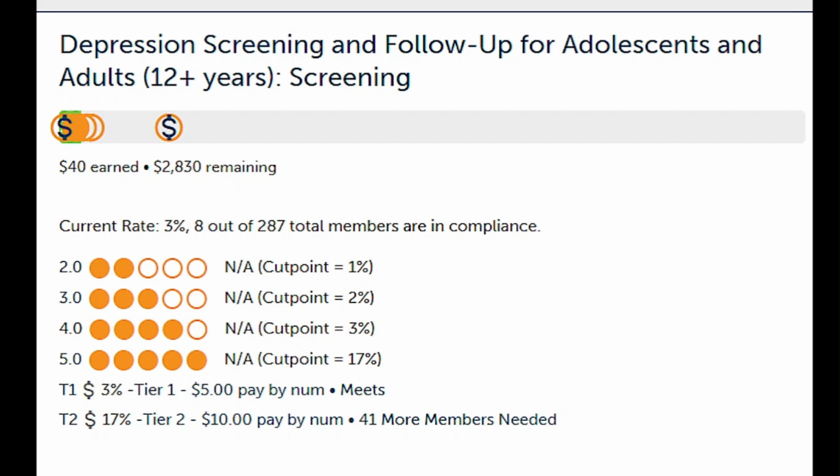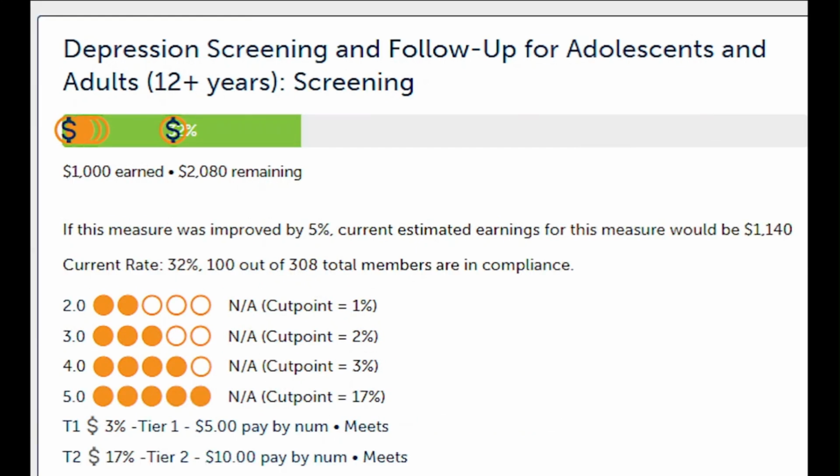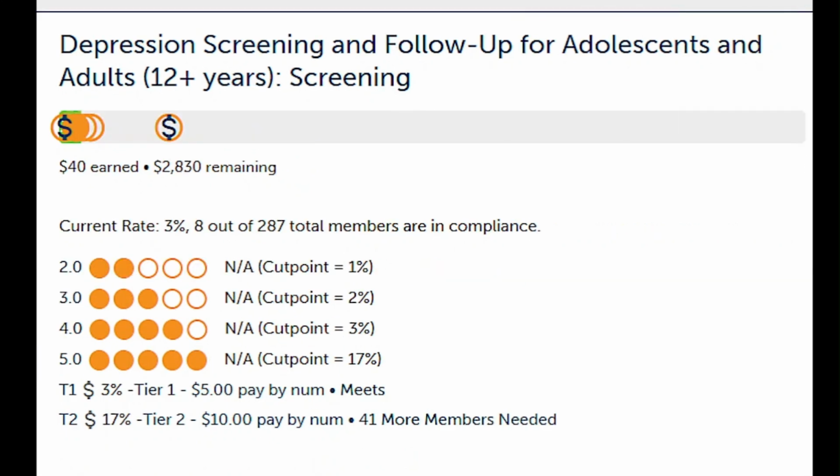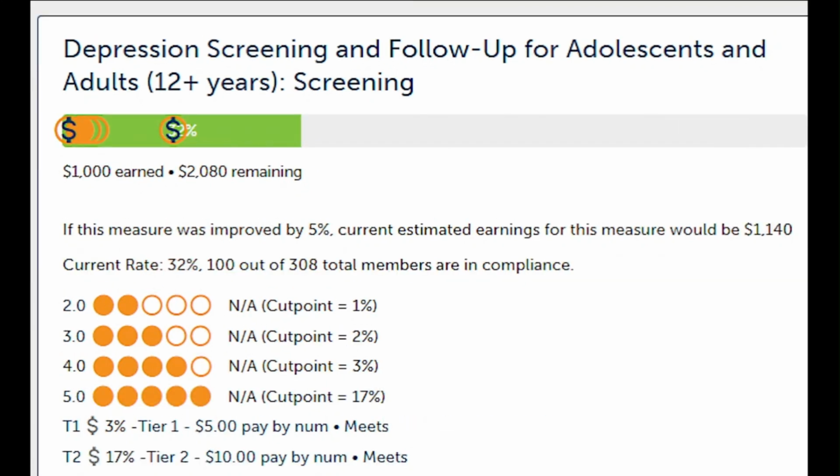But over time, as the clinic started performing more depression screenings, not only did their incentive increase from $40 to $1,000, you can also see that now the clinic has a total of 308 members that are eligible to receive depression screening. So the clinic moved from 287 to 308 members, right?